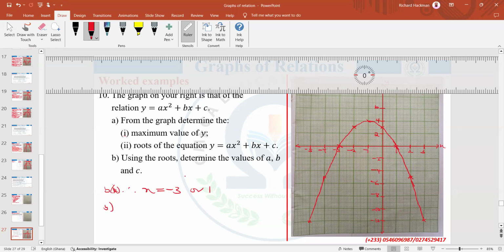You know what you have here is x is equal to -3 or x is equal to 1. Do you agree?